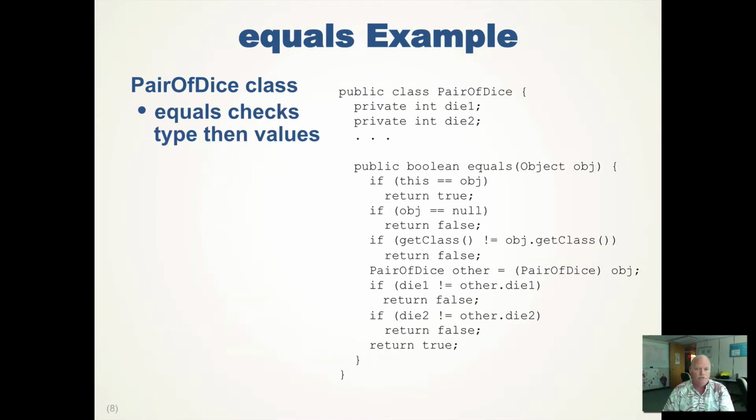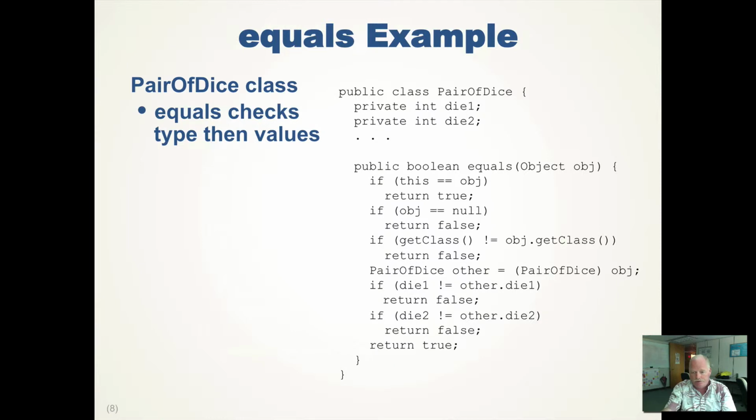For example, the equals method, we want to check to see if the two things are equal. So this was referring to the instance we're talking about. If this is the other one, if they point to the same thing, then they're equal. So we return true. If the thing we're passing in is null, then we know it can't be true because we exist and the other one doesn't exist, so that's false. Then we check to see if they have the same class, right? So if this is a pair of dice and the other thing was a string, they're not going to be the same.